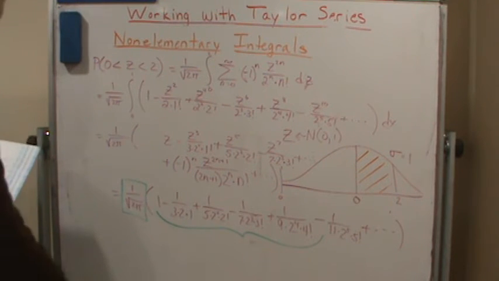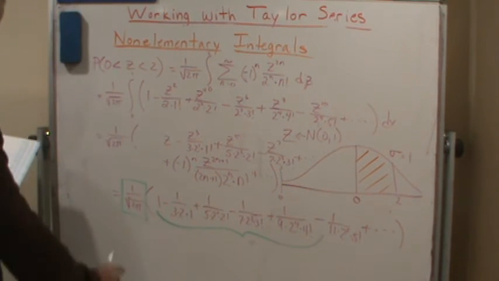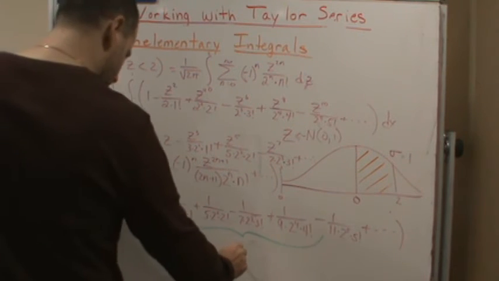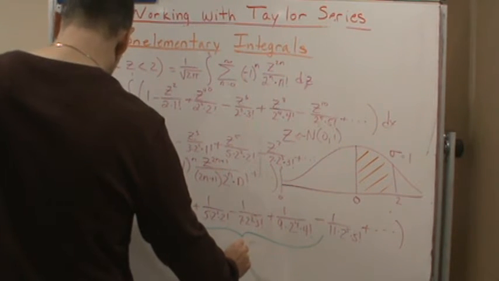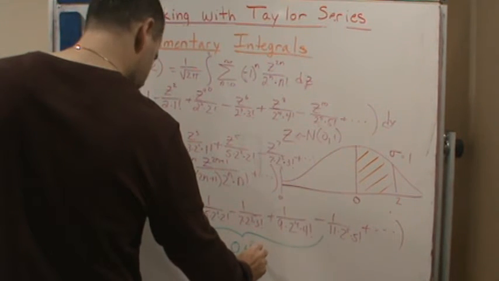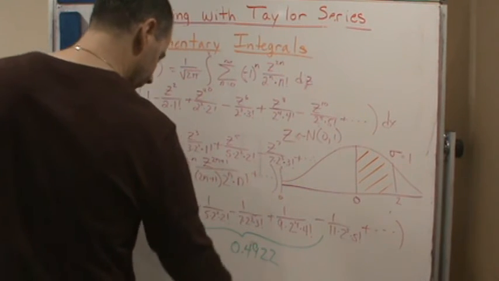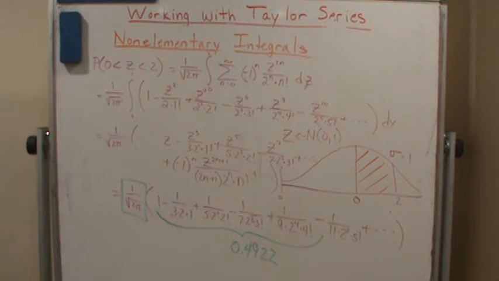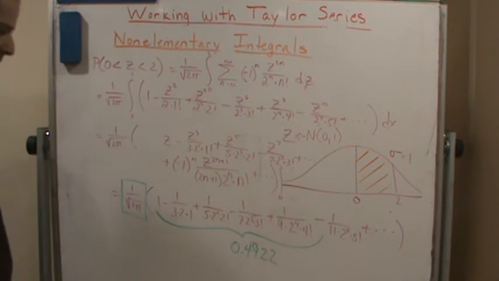So if we just do the first 5 terms and then multiply by this factor, we get approximately 0.4922 as our probability. Now that makes sense because probability is always a decimal between 0 and 1. So this is the probability of randomly selecting a test score between 100 and 200 points. So it's approximately a 0.4922 probability.